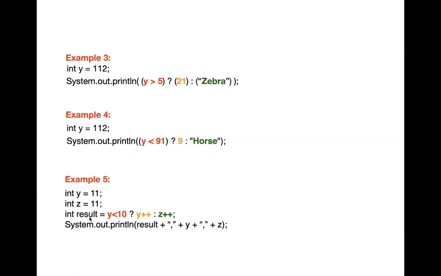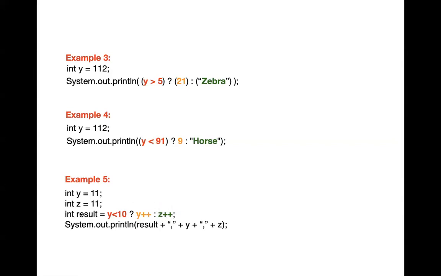Remember, there are 2 operations here. This is a headache, a somewhat troublesome statement. Is this pre-increment or post-increment? This is first assign and then increase the value, which means post-increment.